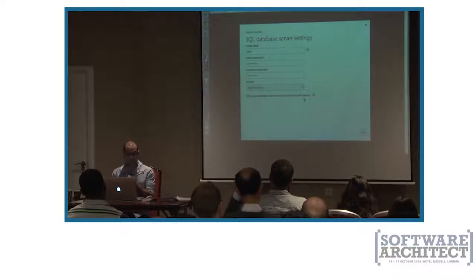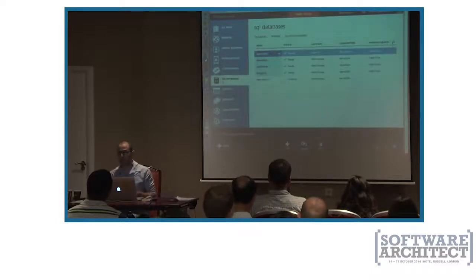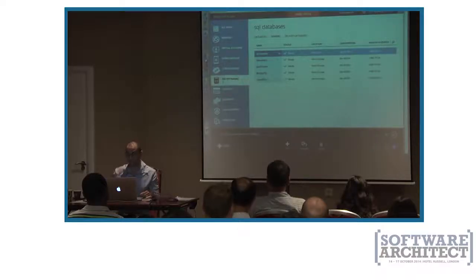Okay? This is because SQL database servers have a firewall. I'll leave that checked because we are going to deploy our application to Azure. If you don't want the database server to be accessible to other Azure applications, you might want to host your application, verify the IP that you get for the application, and then uncheck that option and only enable that specific IP to access the database server.